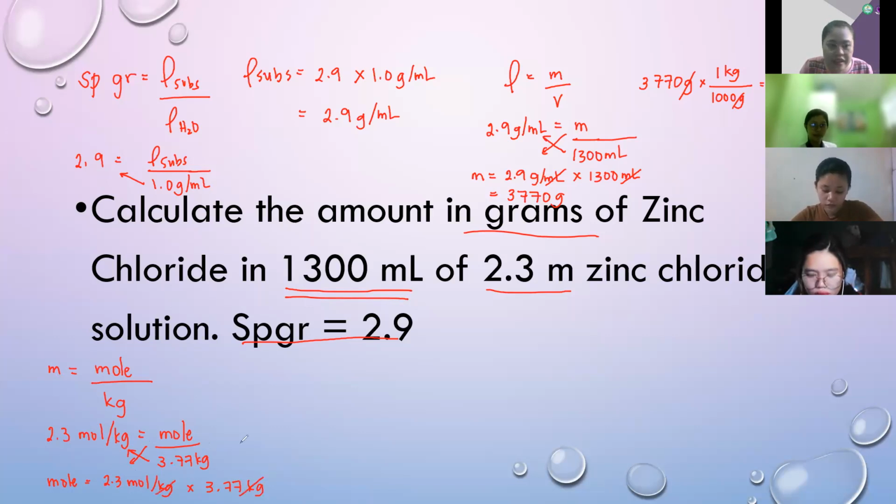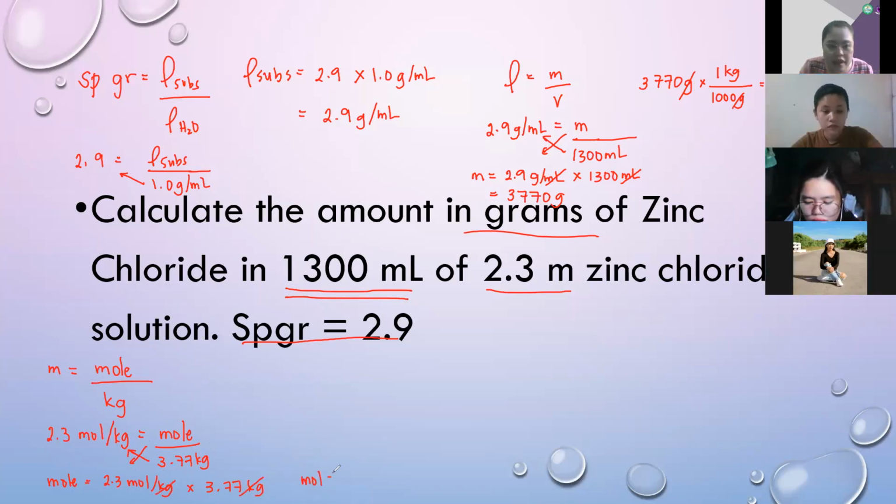So we can cancel the kilograms, class. The mole here is 2.3 times 3.77, which is 8.671 mole. I think this is where the mistake was made. Right? I can't remember where the computation went wrong. So 2.3 times 3.77, that's 8.671 mole. That's what we will use in the computation.